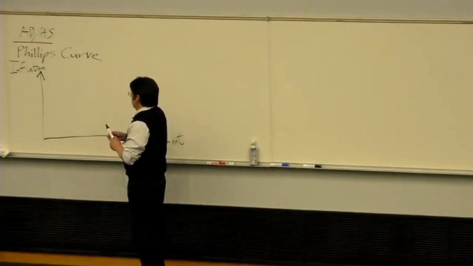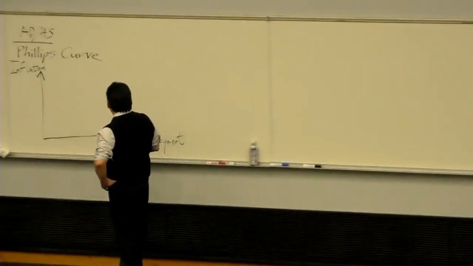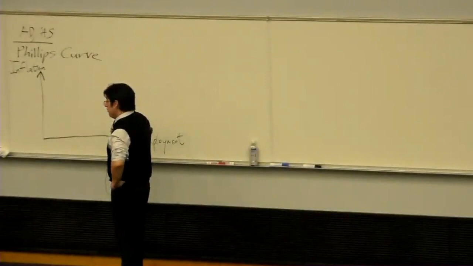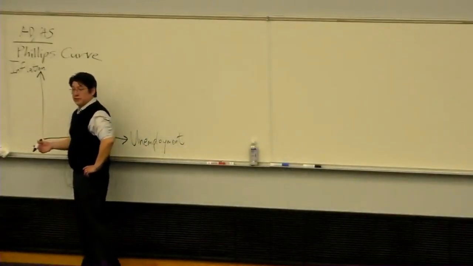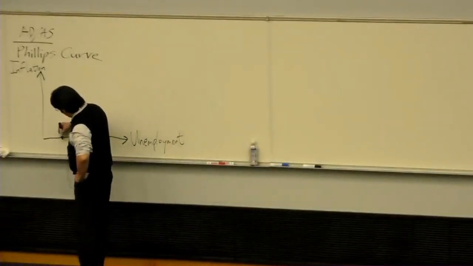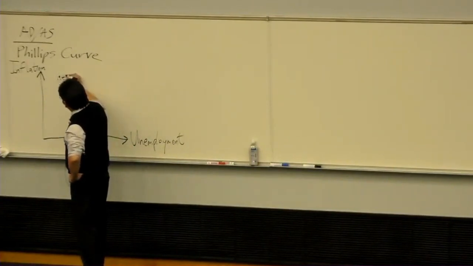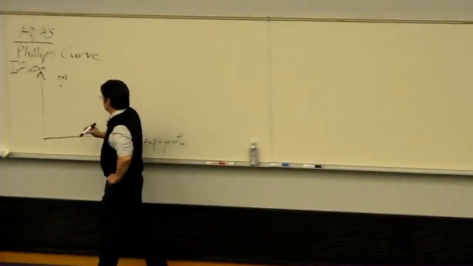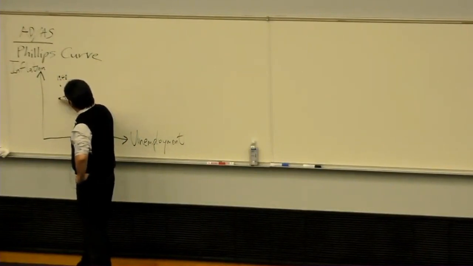So what he did was he took data and he plotted on these axes the combination of unemployment and inflation for various years. So let's say in 1948, the unemployment rate was this, and the inflation rate was this. So we put a dot there for that year. And then 1949, you have an unemployment rate that's this, and an inflation rate that's this. So we plot that.